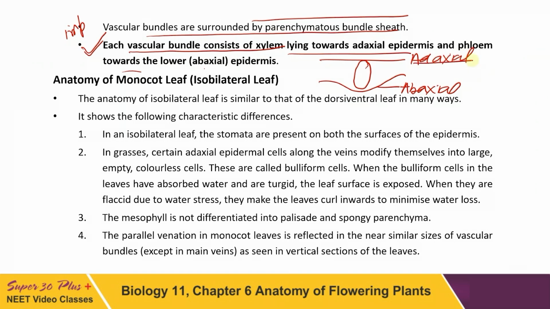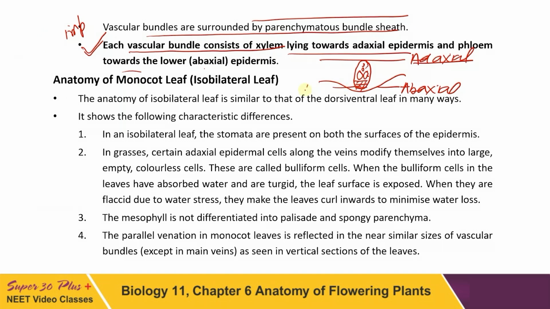This is very important in examination. So xylem lies towards the adaxial epidermis. Here is the xylem. This is metaxylem. This is protoxylem. And the phloem lies towards the lower epidermis, towards the abaxial side.